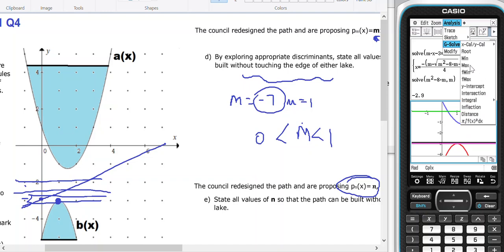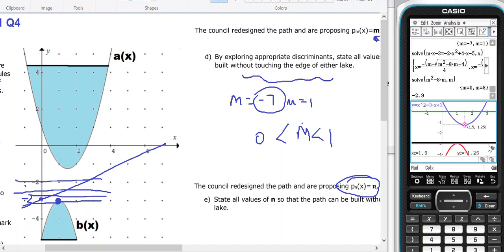Analysis, G-solve minimum of that one, yes, and it's -1.25. So if I have -1.25, I can see that that's also going to be touching. So I want it between -3 and -1.25.